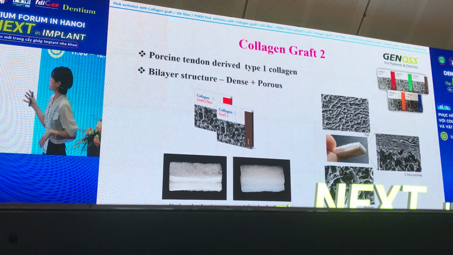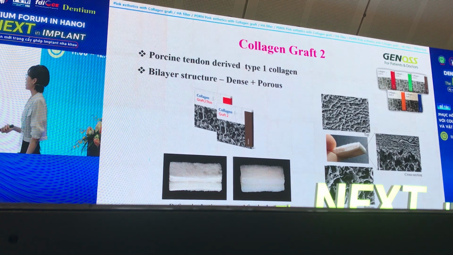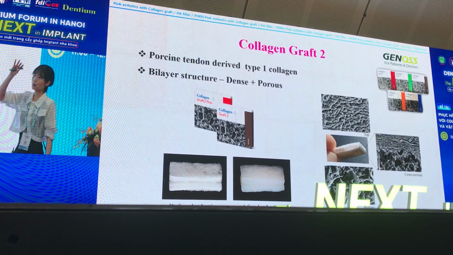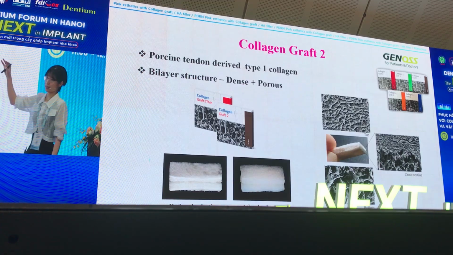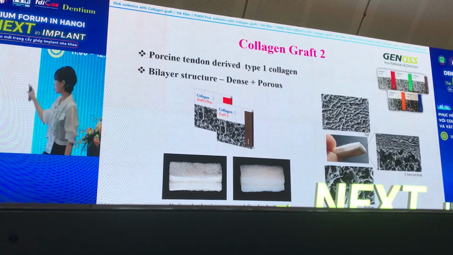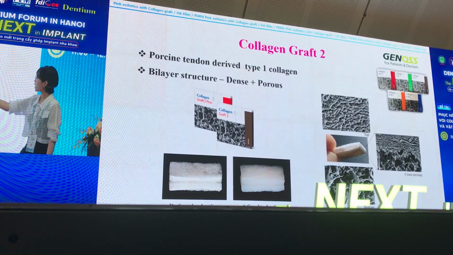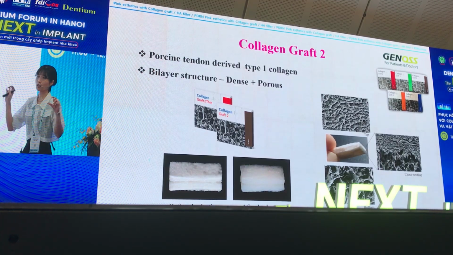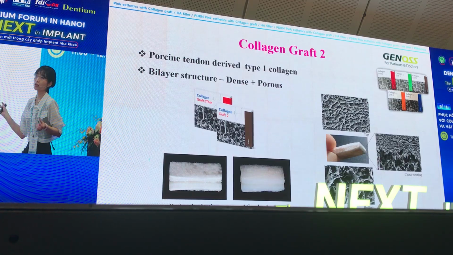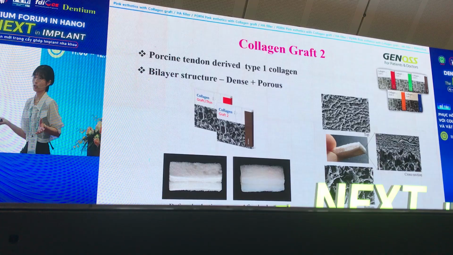This is made from porcine-derived type 1 collagen and it has a bilayer structure. The upper layer is a dense structure and the lower layer is a coarse structure. Before hydration, it looks a little bit rigid, but after hydration, you can see very smooth structure and texture.